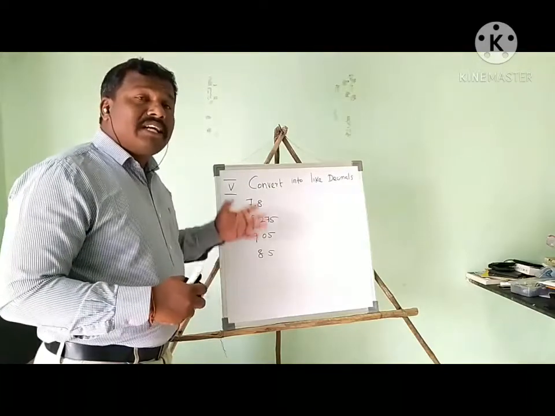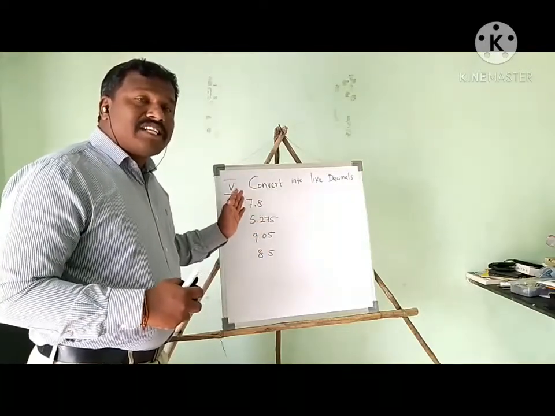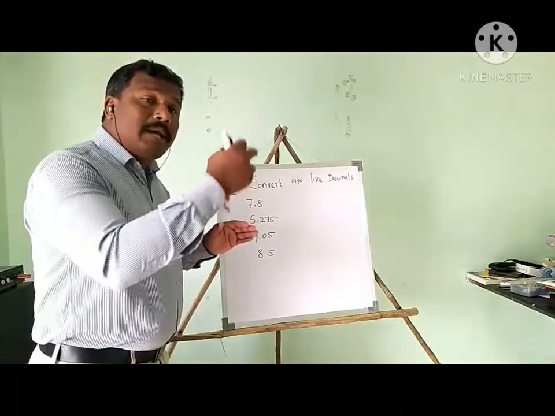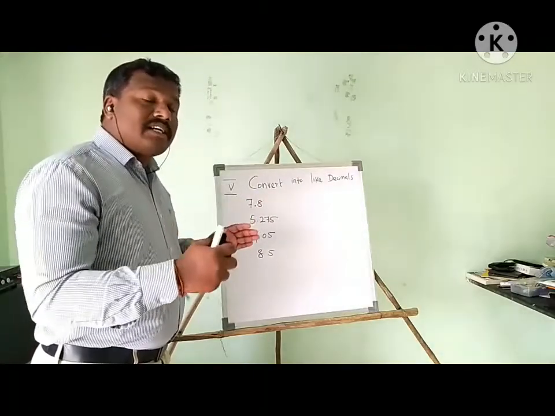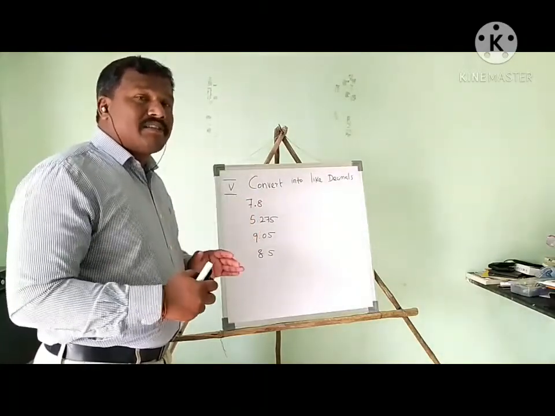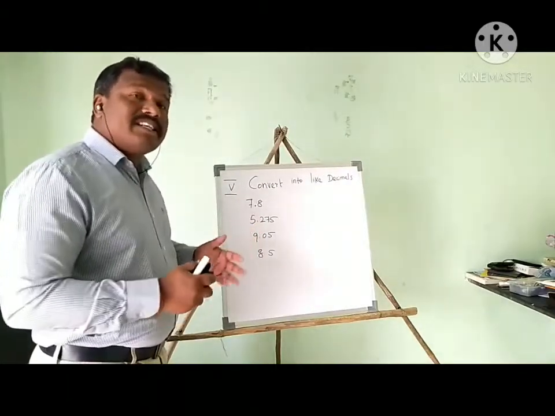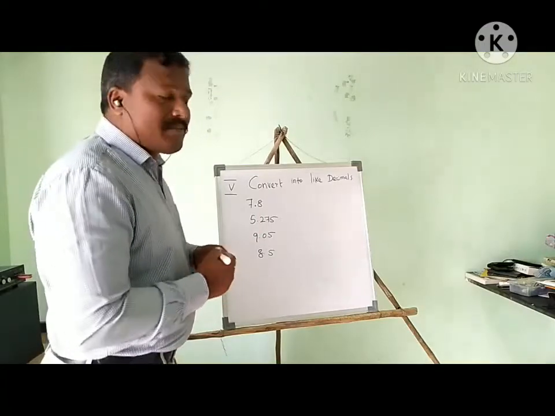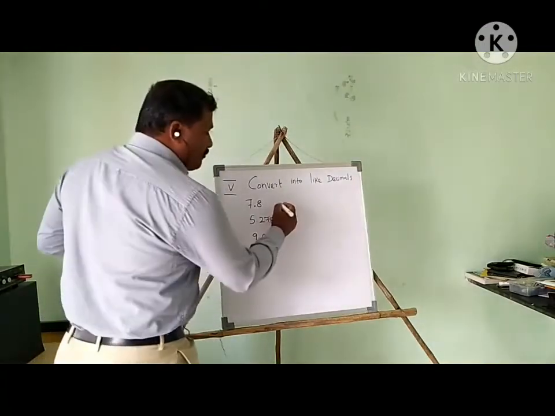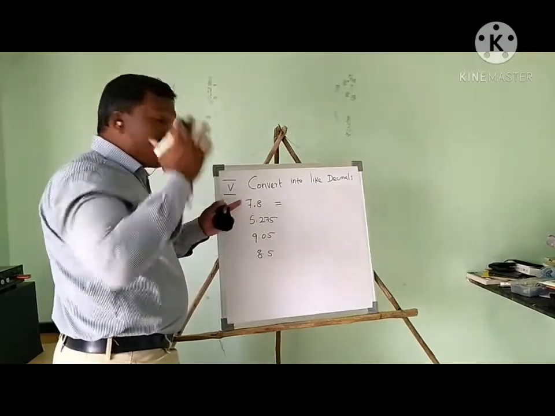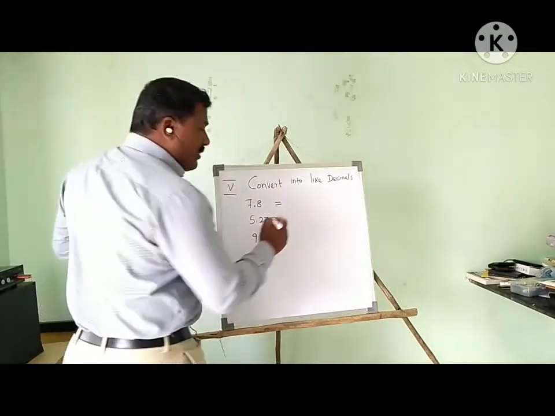You know very well that like decimals have the same number of decimal places on the right side of the decimal point. This is the unlike decimals. Now I am going to convert them into like decimals. How to convert 7.8 into a like decimal?